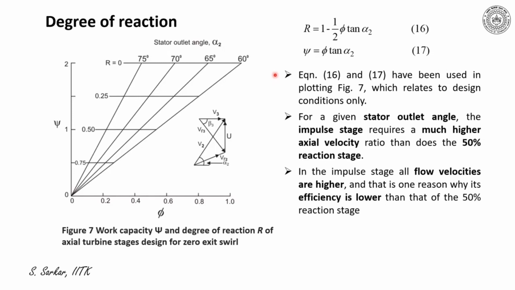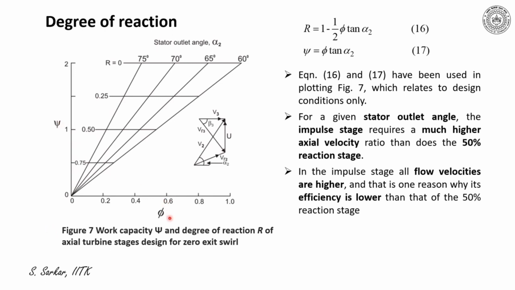Now equations 16 and 17 have been used in plotting figure 7, which relates to the design condition only. Figure 7 represents the work capacity psi and degree of reaction r of an axial turbine stage, where the exit swirl component is 0.